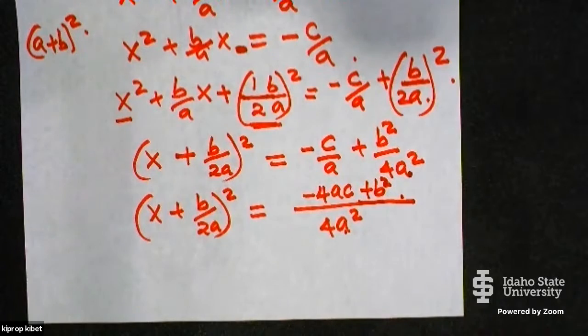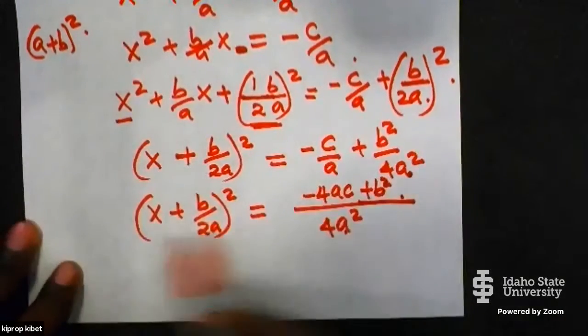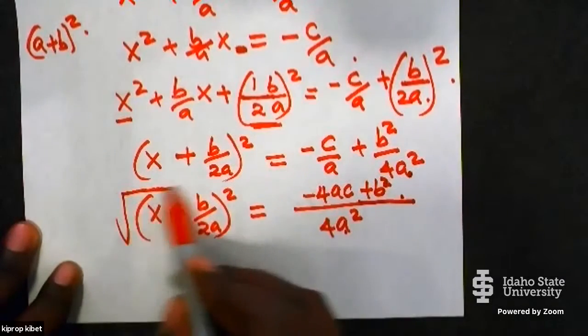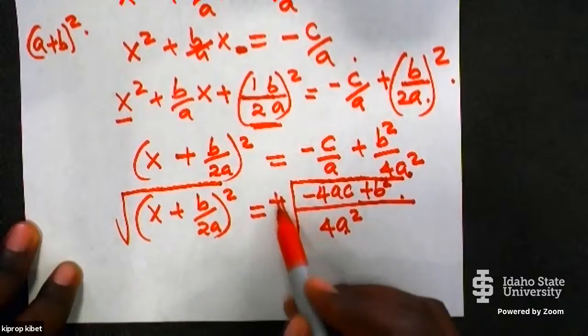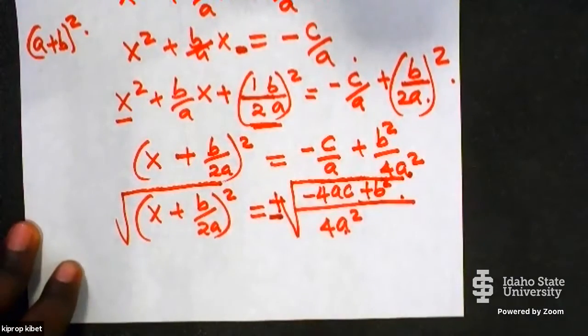Now, using the square root property, we get the square root of this, and the square root of this. And then here we put the plus or minus.